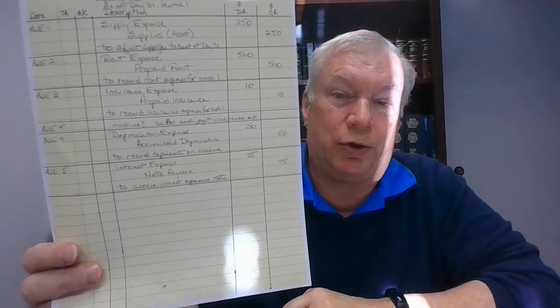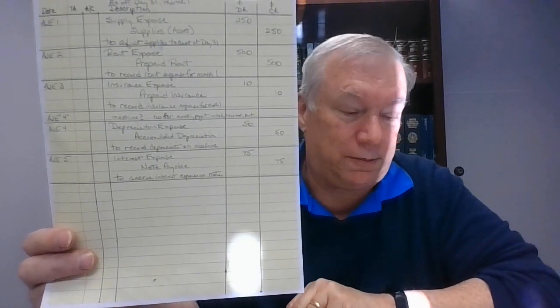So we put this in fixed assets and a contra account of $50 for accumulated depreciation. That's the credit entry that shows that the value of our fixed assets are depreciating over time, okay, as we use them. So that's where that goes, and that records the depreciation expense for the period.